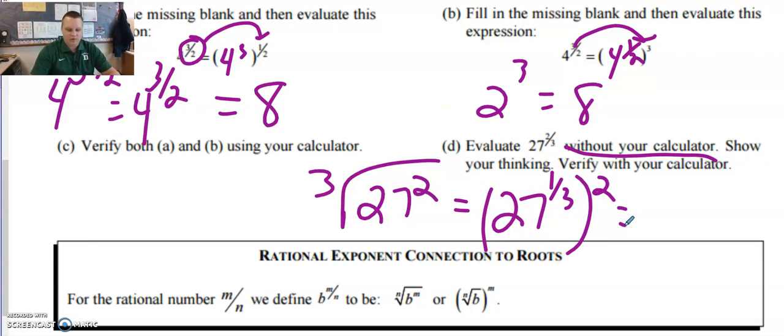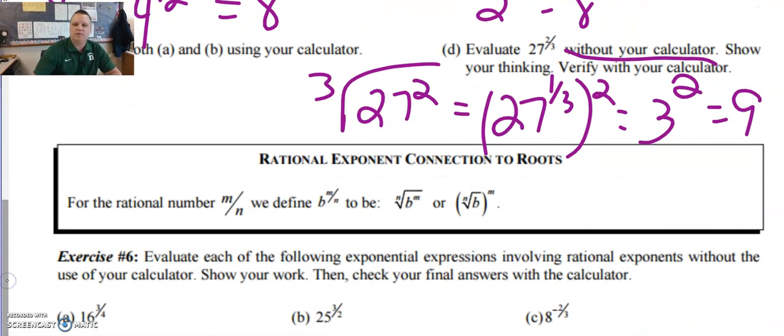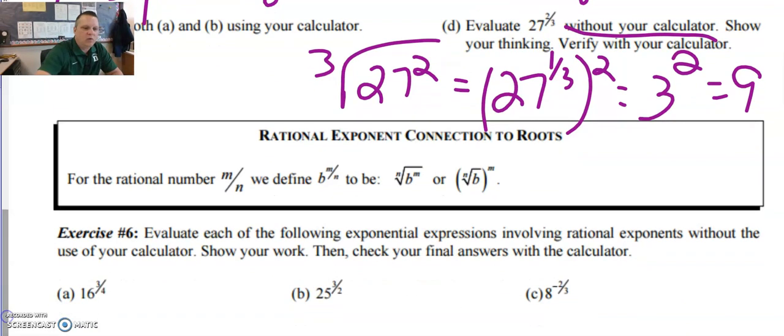And I know you might not know your cube roots yet, but we'll practice with them. They'll become more familiar. So the cube root of 27 is 3. 3 squared is 9. And if you put it in your calculator, 27 to the 2/3 would give you 9. So here's the rule right here. Okay, b to the m/n power is the nth root of b to the m power.